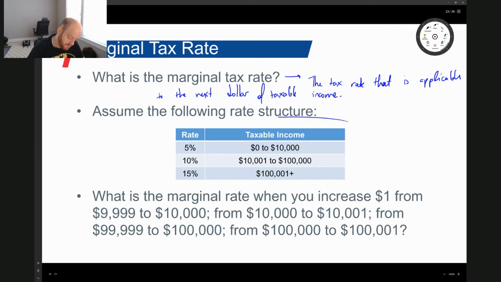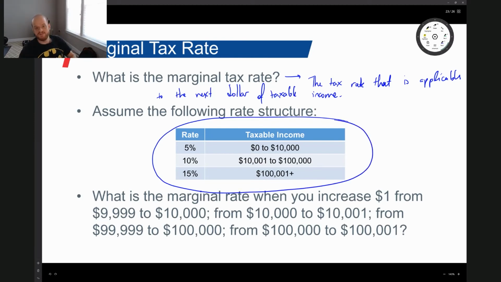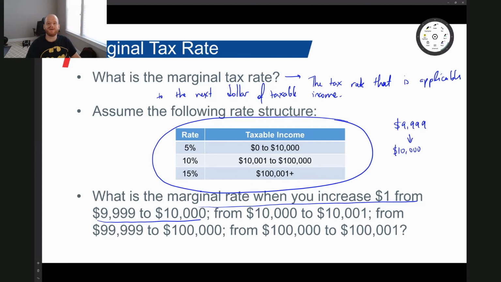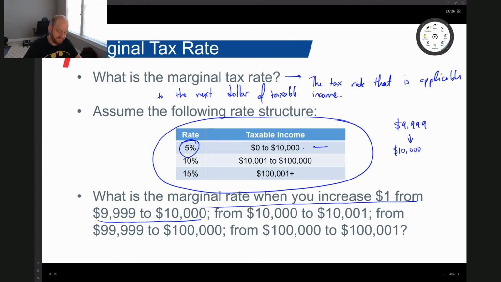So if we look at this table, and we have this very rudimentary tax structure, what is your marginal rate when you increase $1 from 9,999, so you make 9,999 and you go to 10,000? That marginal tax rate on the $1 you earn is still 5% because you didn't change income tax brackets. You were in this bracket and you are still in this bracket. So the marginal tax rate on your additional dollar is 5%.